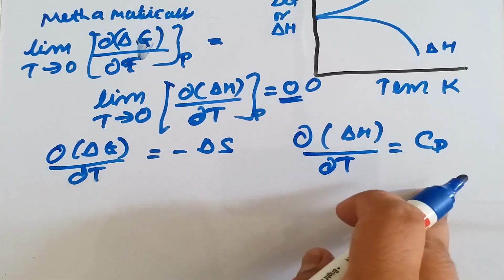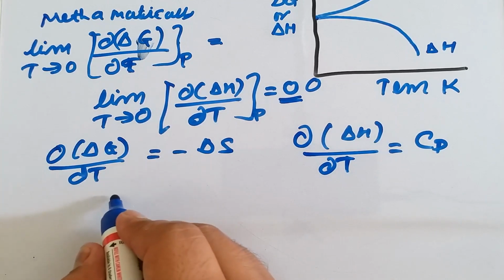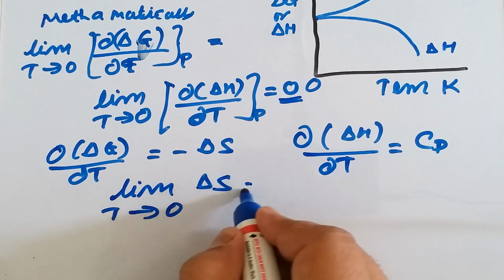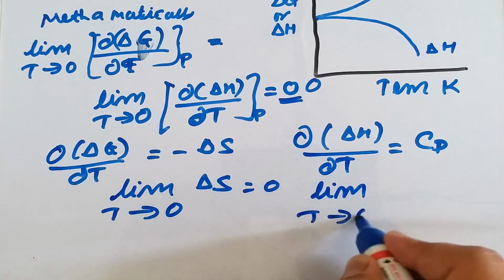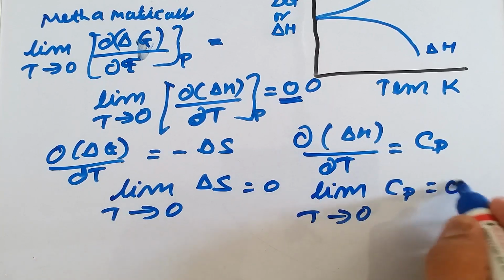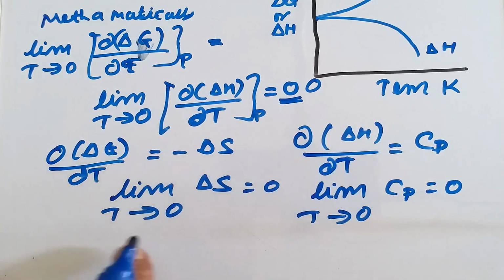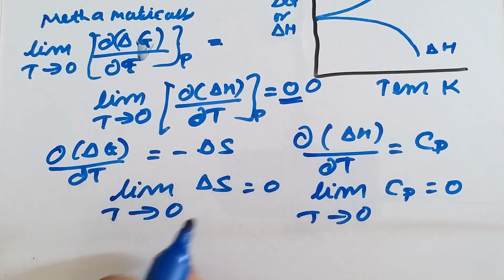Both these values can be used in this relation, and hence I can write the limit of T tends to 0 of delta S is equal to 0, and the limit of T tends to 0 of Cp is equal to 0. So these are the two consequences of the Nernst heat theorem, and the detailed lectures on this I have pinned in the comments, so you can see over here.